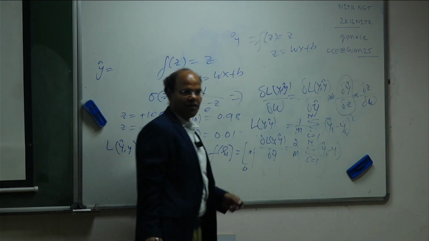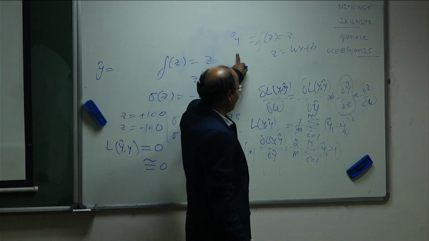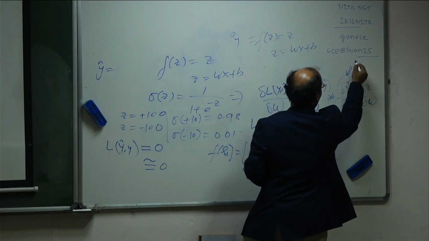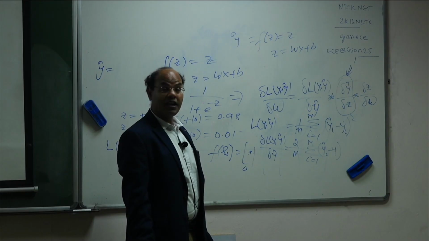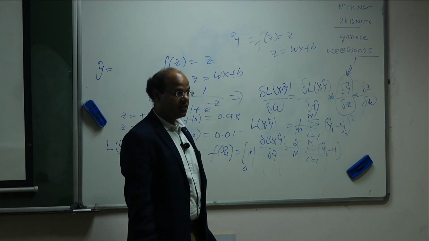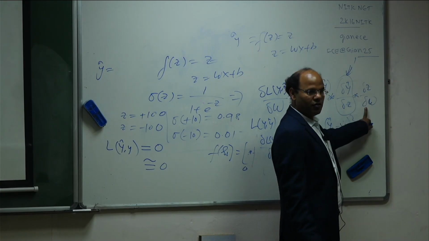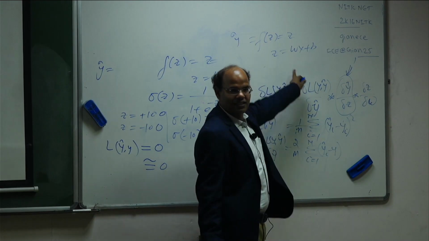So when you compute del y hat by del Z, this becomes 1 for the linear regression task. What about del Z by del W? Z will give X.